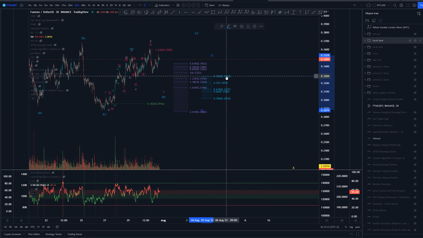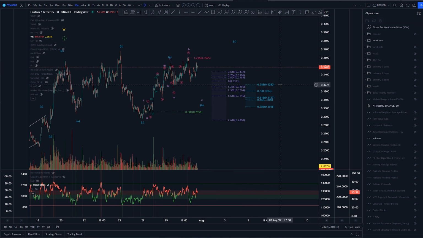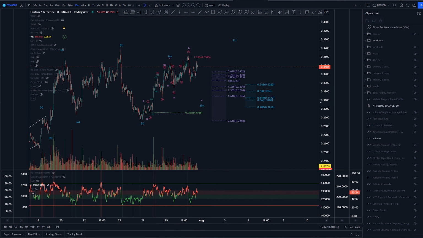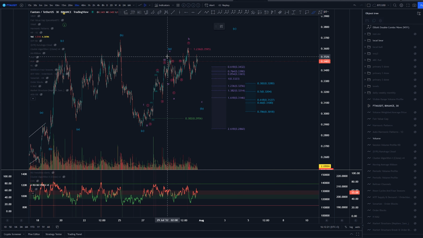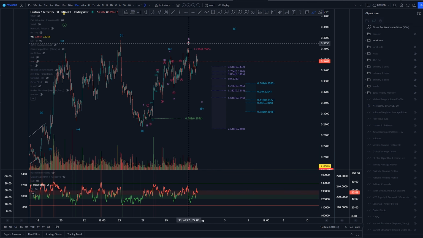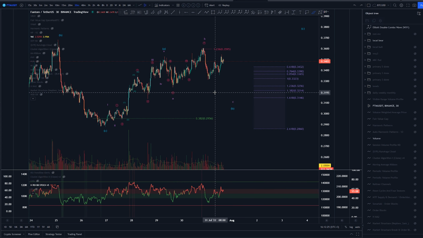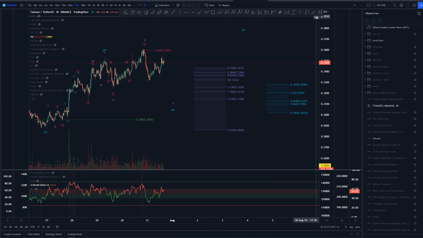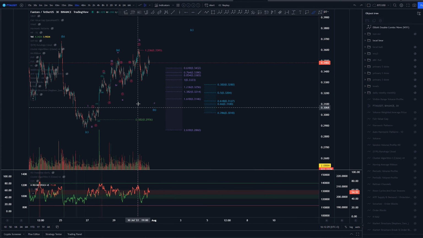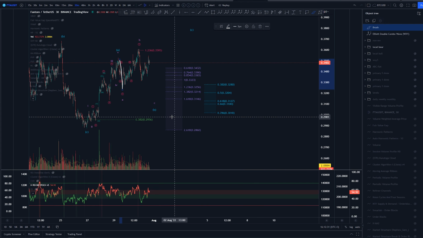Originally, what we are looking for in the wave B is this 38.2 retracement, which is again at 32.8 cents. And that has to be happening after this B wave. At the moment, we have already retraced that amount, but again, that would be just the A wave. Is it possible that this structure here is the B wave?